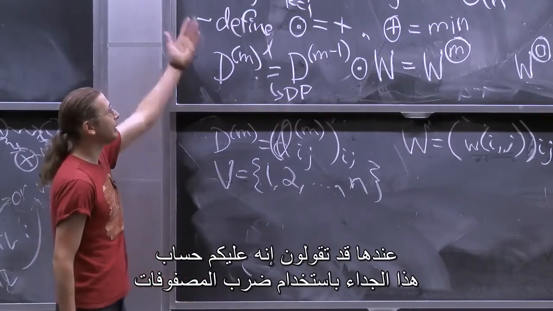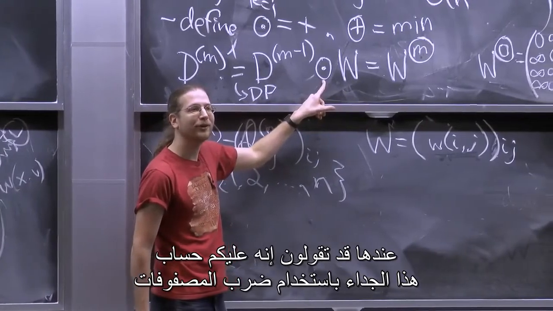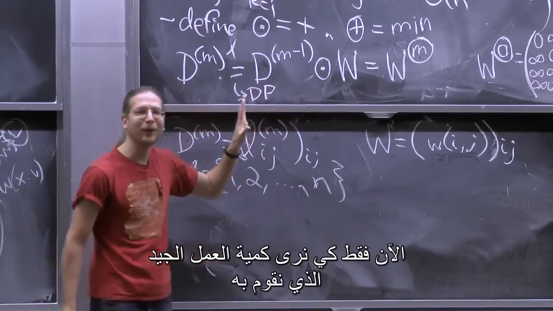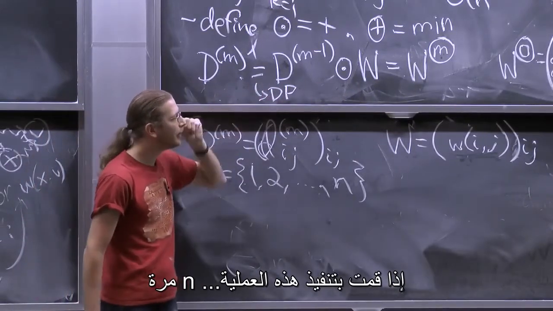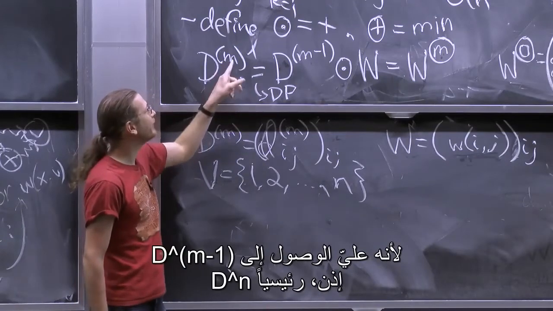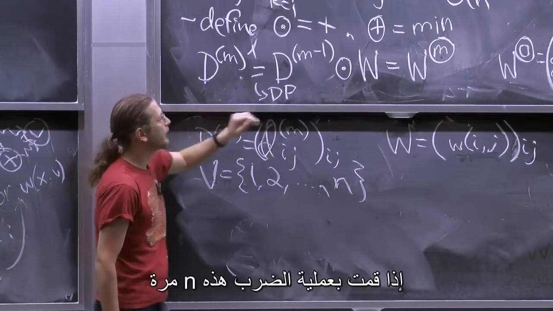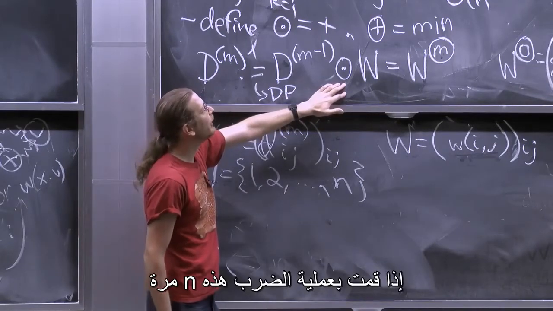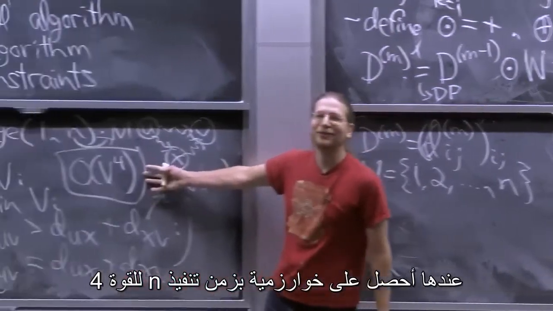So you might say, well, then I should compute these products using matrix multiplication. Just to see how good we're doing, if I execute this operation n times, because I have to get to D^(n-1), so it's basically D^(n), and for each one of them I spend n cubed time, then I get an n to the 4 algorithm.